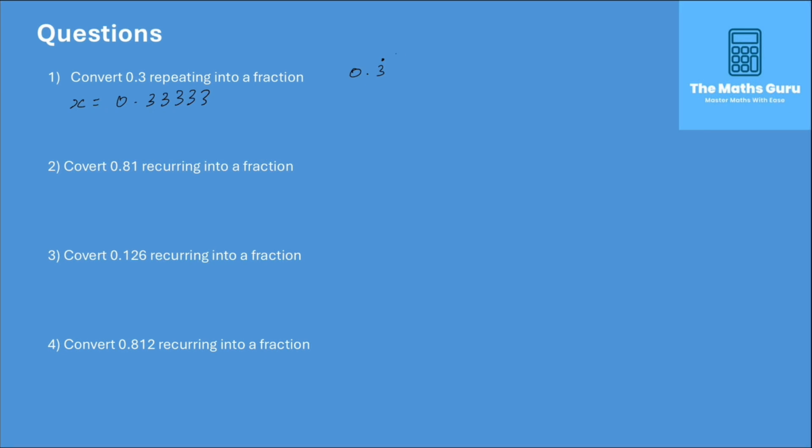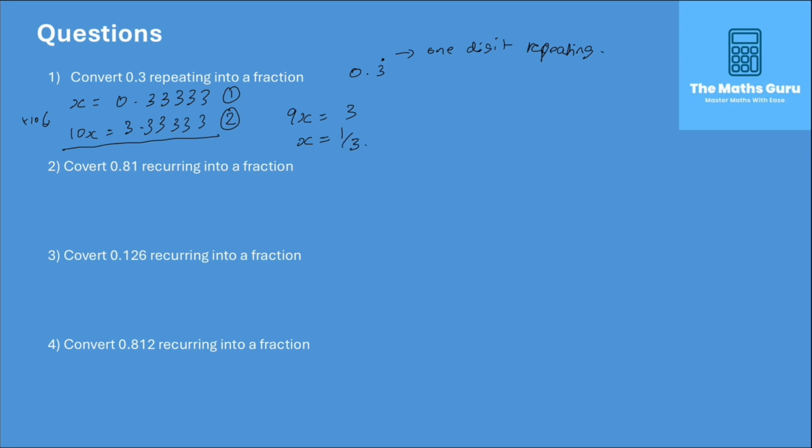We notice that it's only one digit repeating, so we times by 10 on both sides, and we get 10x is equal to 3.33333. Then minusing equation 1 from equation 2, we get 9x is equal to 3. Hence, dividing through by 9 on both sides, we get x is equal to a third.